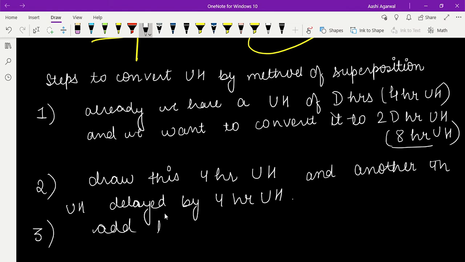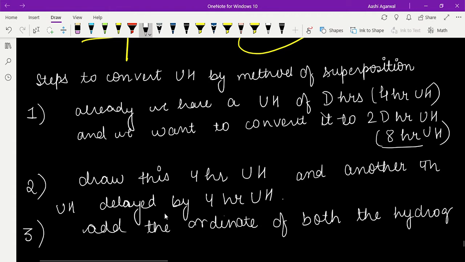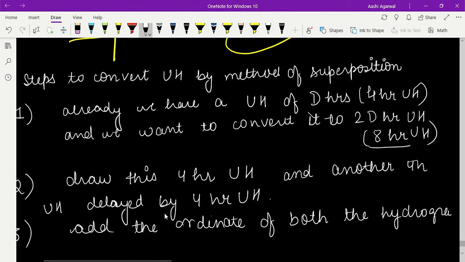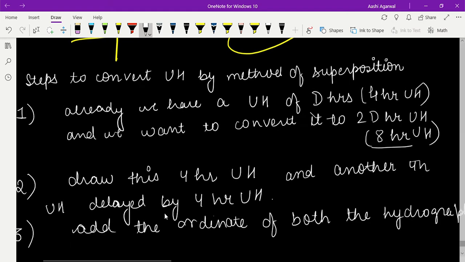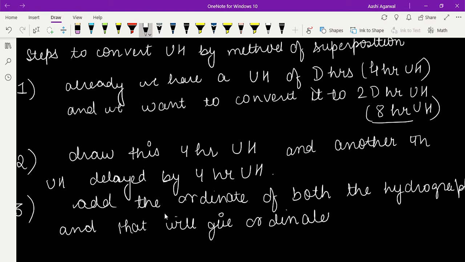Now, I will add the ordinates of both the hydrographs, and that will give you ordinates of what? When I add two 4-hour unit hydrographs, I will get one 8-hour DRH.